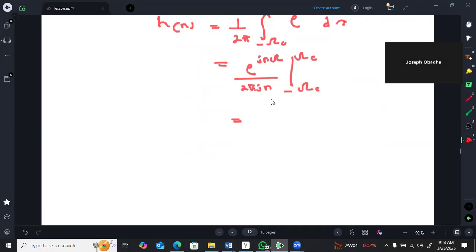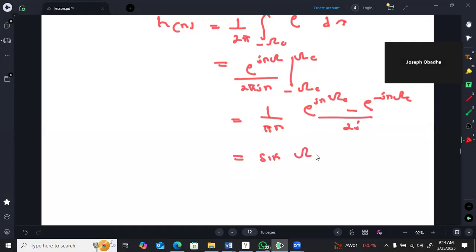And this will give you 1 over pi n times (e^{j n omega c} minus e^{-j n omega c}) over 2j, which we can simplify to sine of omega c n over pi n.